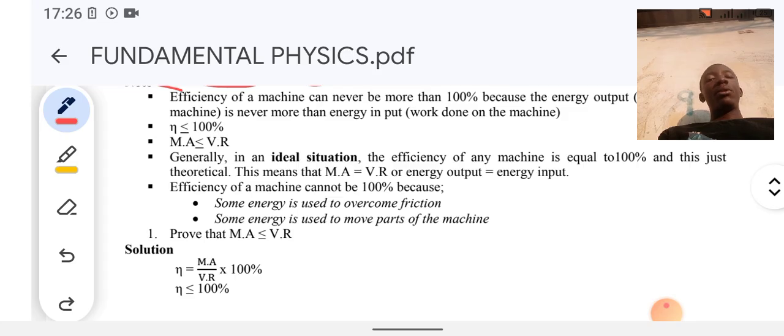Generally, in an ideal situation, the efficiency of any machine is equal to 100%. In an ideal form, not in real life. Real life cannot work. Why? Because some of the energy will be lost in the form of heat, sound, and some of the energy will be used to overcome friction. Okay, so the idea of a machine working 100% efficiently is just theoretical. In other words, it's just done on paper, not in real life.